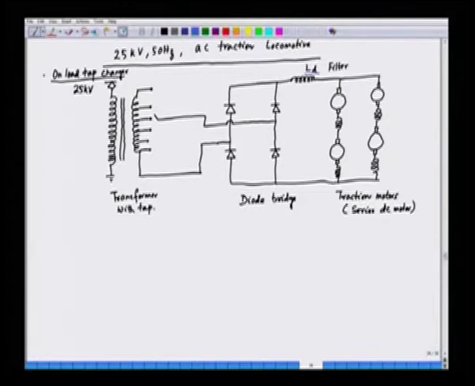We have 2 in series and 2 in parallel, and this combination is used to reduce the current burden. We can use all in parallel, but then the current requirement will be higher on the AC side. We have the source current in this case. We choose to have 2 in series and then 2 such combinations in parallel.